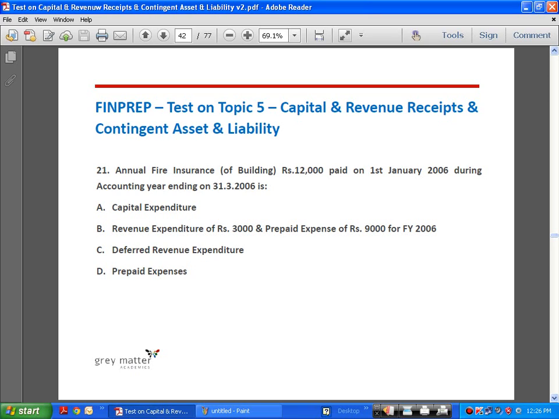So the expenditure that pertains to the year 31/3/2006 is for 3 months, that is Jan, Feb and March, and of this 12,000, the expenditure that pertains for 3 months is rupees 3,000, and the remaining 9,000 will be shown as a prepaid expenditure in the balance sheet as at 31st March 2006. So the answer to this question is B.